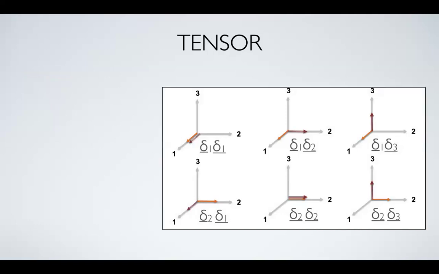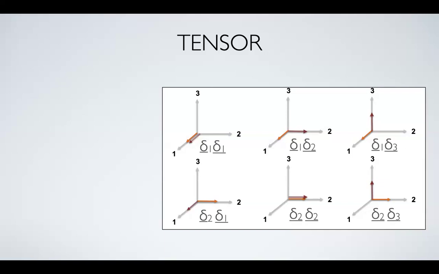The two directions can be shown in the picture right here. The delta is like a unit vector, so we have delta 1, delta 2, and delta 3. If we pair them up, we're going to have altogether 9 products. I didn't put all 9 products here, just del 1 del 1, del 1 del 2, del 1 del 3, and so on.